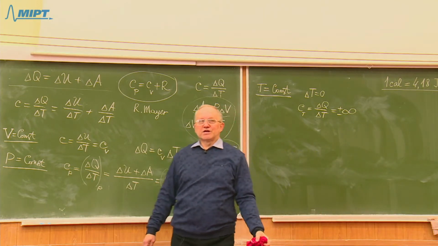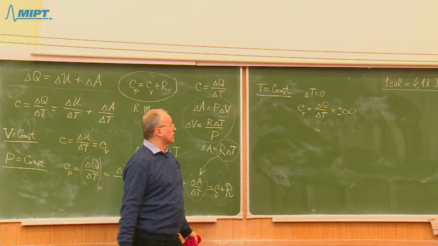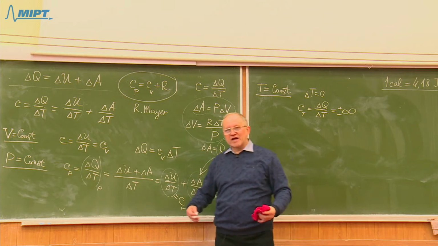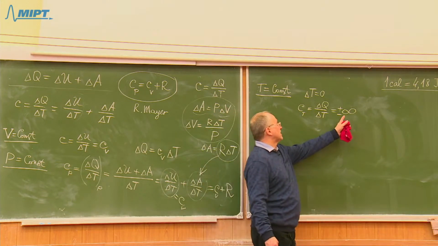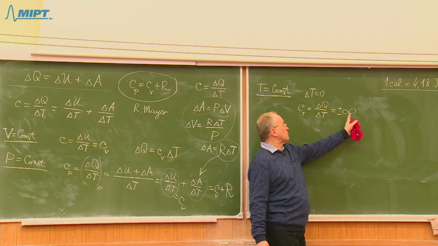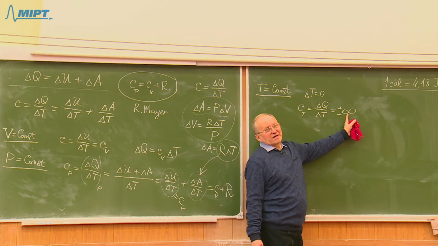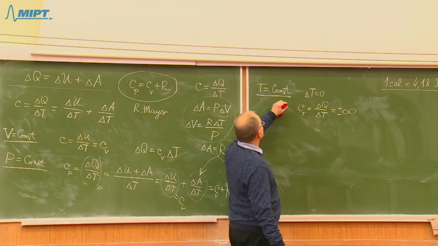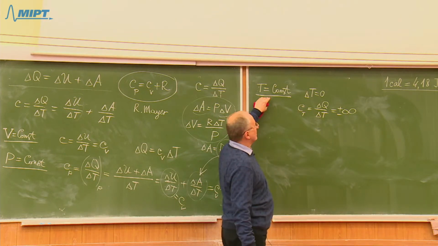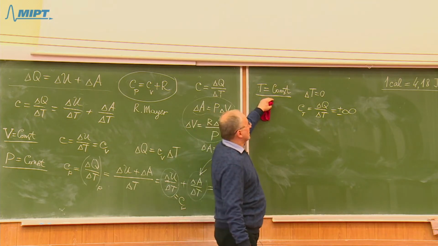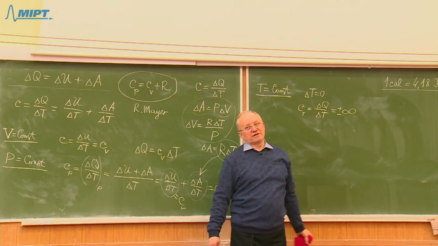There are no infinities in nature. Infinities may occur only mathematically, but practically you will always obtain a finite number, but very large, actually unlimited. The better you sustain the temperature constant, the better are the conditions of the experiment, the larger will be the number here.